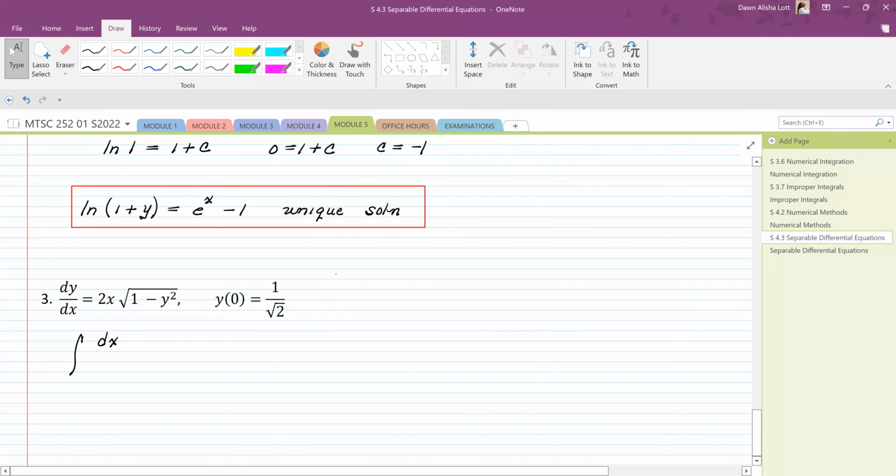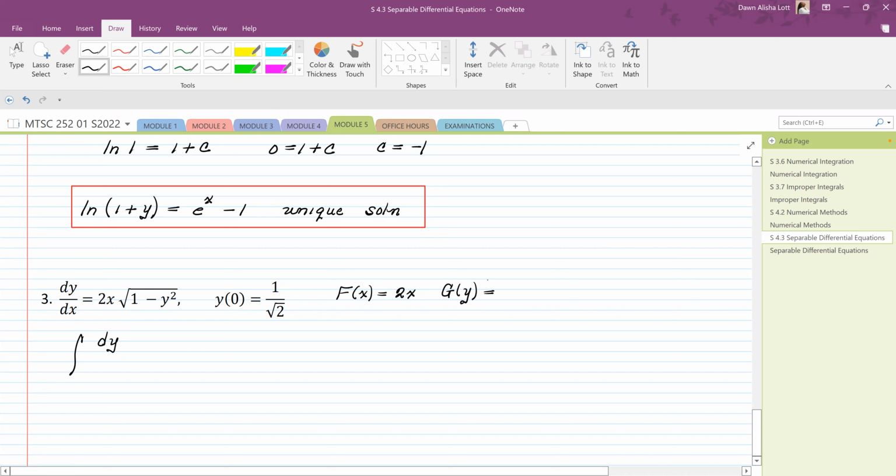What's f of x? Would that be the square root of 1 minus y squared? Okay, so f of x can only have x's in it. So then it's 2x. 2x, okay, good. And what's g of y?